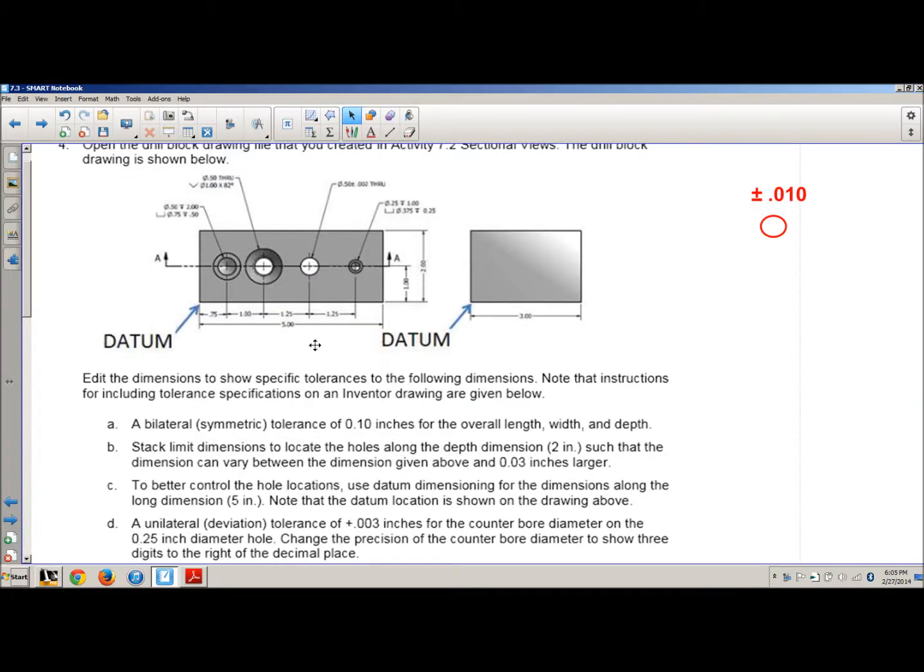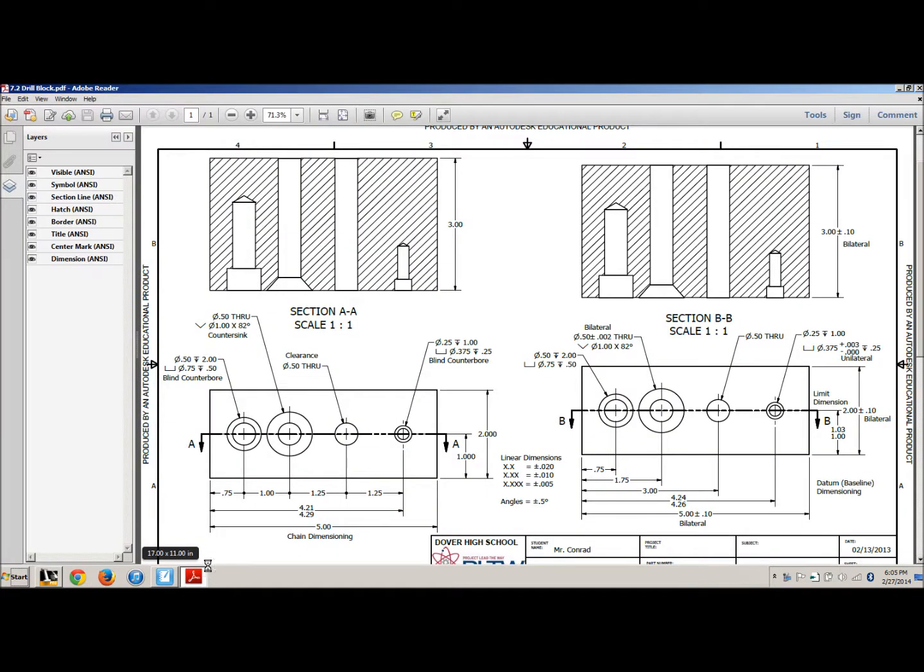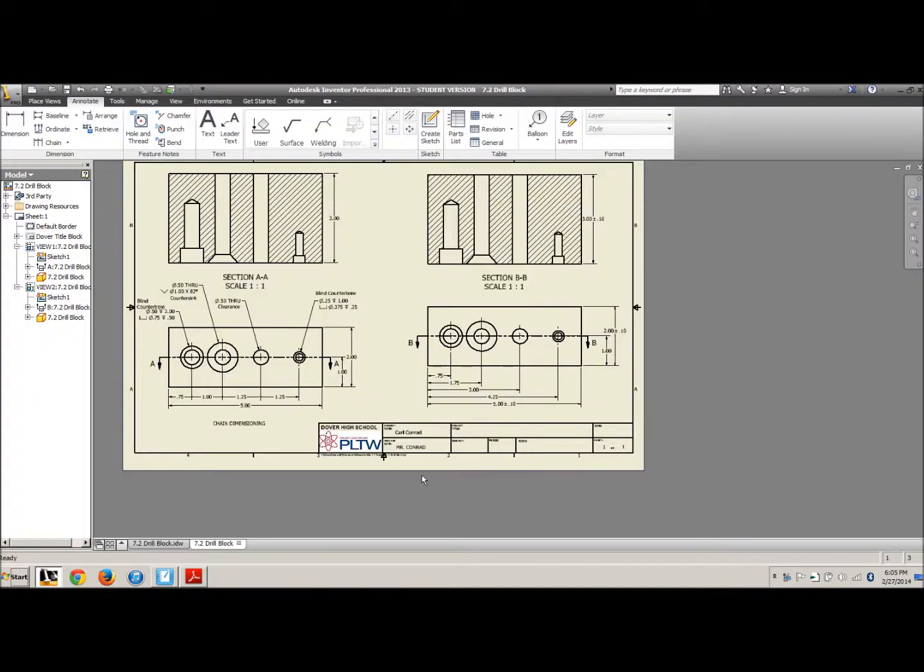Next, it said to do a stack limit dimension along the depth so that the dimension can vary above 0.03 inches larger. So that's talking about the 1-inch dimension, okay, which I did before, 1.03 to 1. So how do we do that?